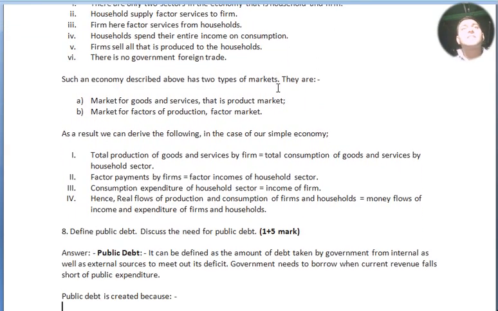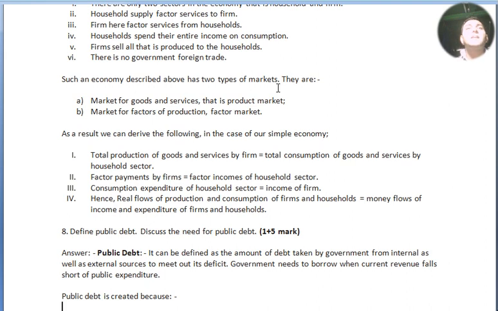Such an economy described above has two types of market. They are the market for goods and services, that is the product market, and the market for factors of production, the factor market. As a result, we can derive the following in the case of our simple economy. Number 1, total production of goods and services by firms equals total consumption of goods and services by the household sector. Point number 2, factor payment by firms equals factor income of household sectors.